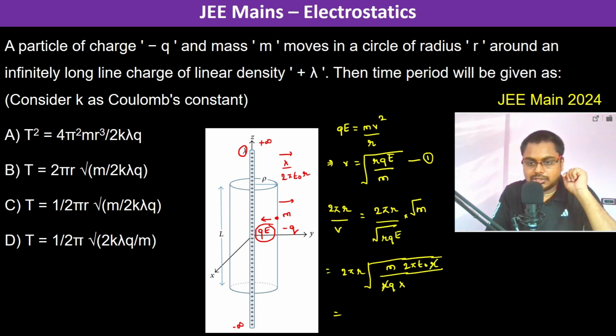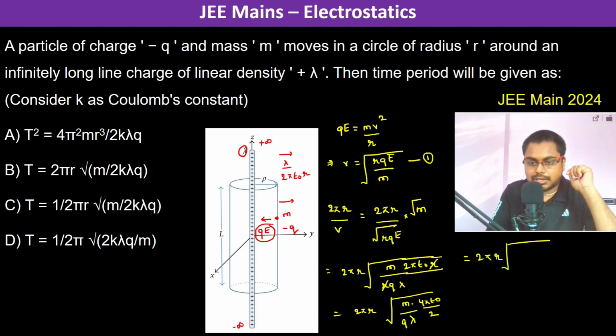And k is 1 by 4πε₀, so therefore we can write 2πr divided by root over m into 2, so this becomes 4πε₀ divided by 2 divided by qλ, which becomes 2πr into root over m by 2qλk.